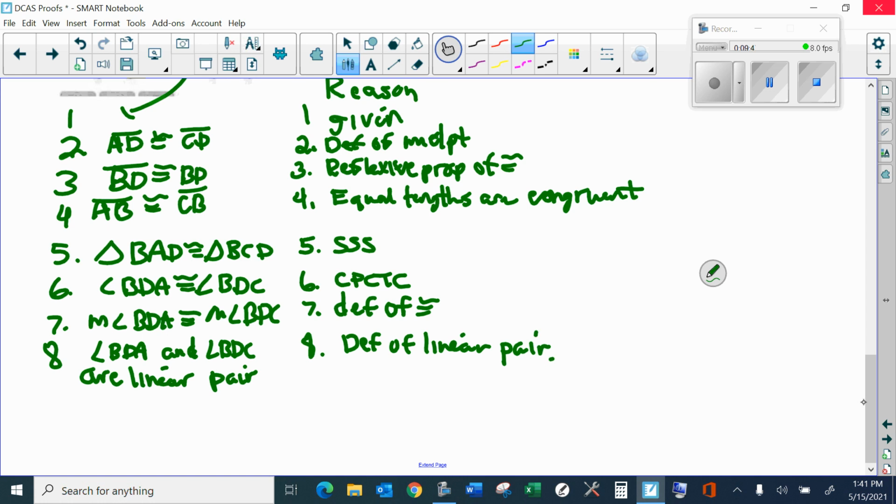Okay. Now we can go ahead and say measure of BDA plus measure of BDC equals 180.